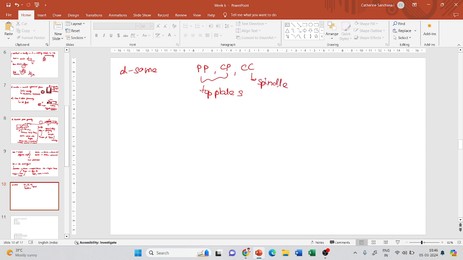Now how will the surface area of contact of the movable part of these geometries vary? PP will have the least surface area in contact with the movable part, followed by a cone and plate, which in turn is followed by a coaxial cylinder.